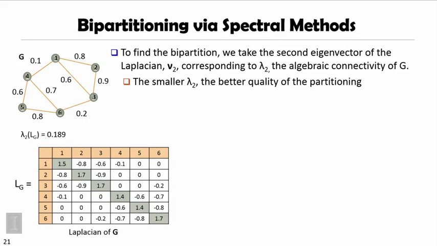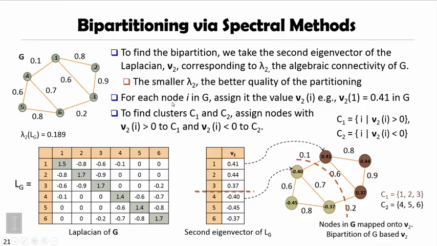Then we can work out the partitioning via spectral methods. The general philosophy is that we take the original graph and map it to its Laplacian. Then we calculate the second eigenvector, v sub 2, corresponding to lambda sub 2.